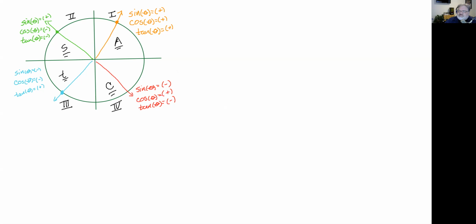So one of the ways in which this will come up is you'll see questions like, say, find an angle in the first rotation. Sometimes that first rotation will just say in the interval from 0 to 2 pi. That's the radian values for our first rotation, or if they want degrees, you'd be from 0 to 360 degrees.